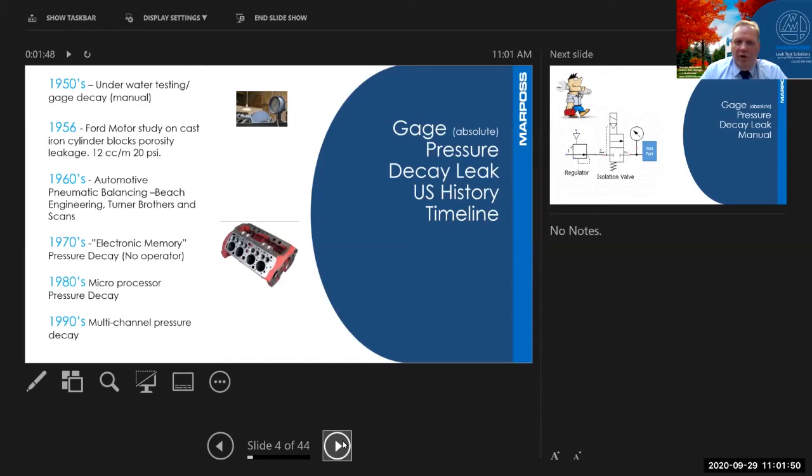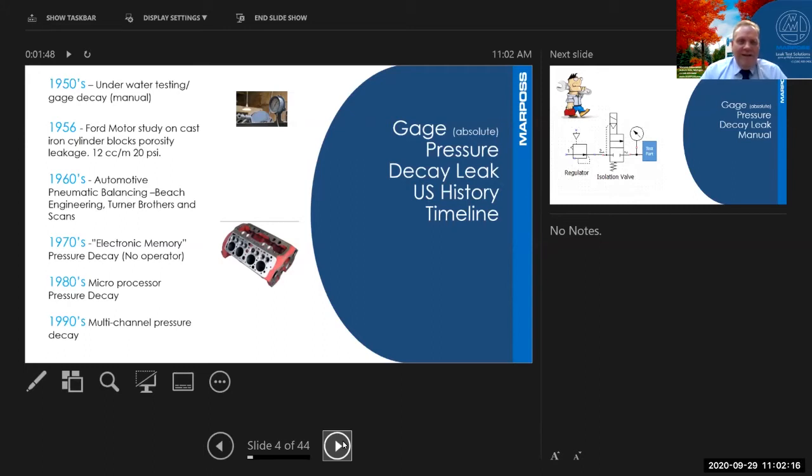But 12 cc's at 20 PSI, where that testing really came from was just taking these cylinder blocks and finding out where they leaked air and what was the correlation between the air leak and the oil leak or the water leak that was coming out of these. And what they established was that they were able to detect these leaks at 12 cc's at 20 PSI. As long as the parts didn't leak more than that with air, they felt pretty comfortable with it.